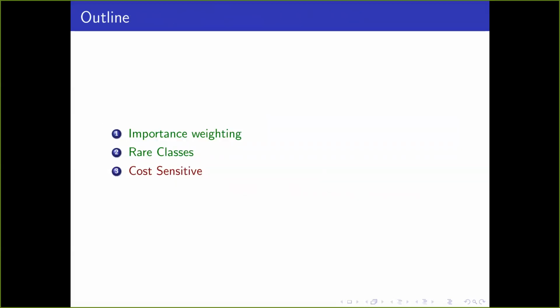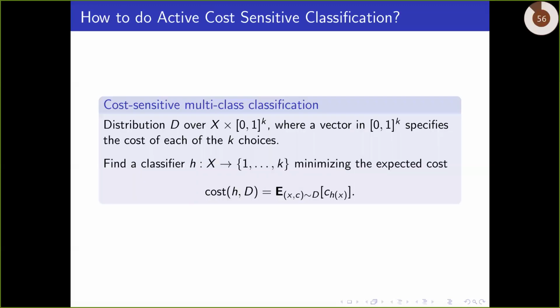And the last thing I want to talk about is cost-sensitive classification. So we've discussed cost-sensitive classification multiple times. Just as a reminder, we're thinking about the situation where we have a number of classes and there's a cost associated with each class. So our goal is to minimize the expected costs of the chosen class.